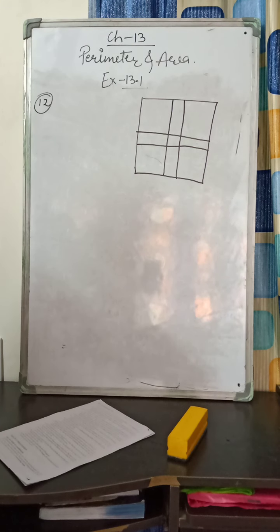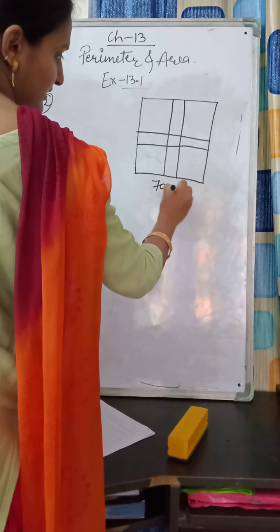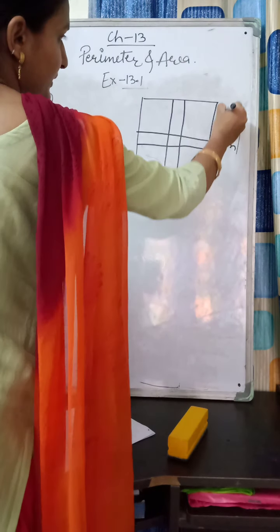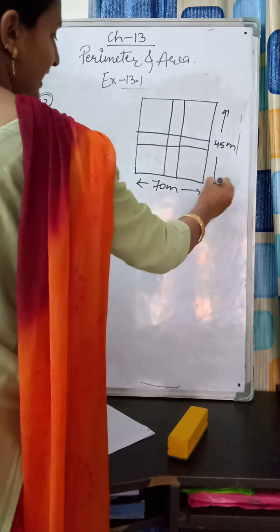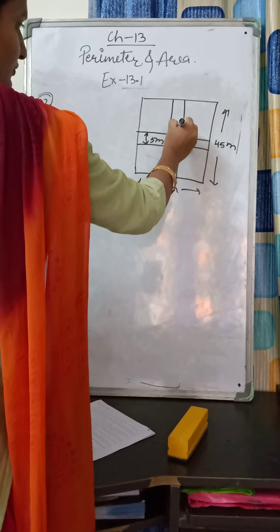The length and breadth of the park are 70 meters and 45 meters. This is 70 meters and this is 45 meters. And here the width of this path is 5 meters all around.